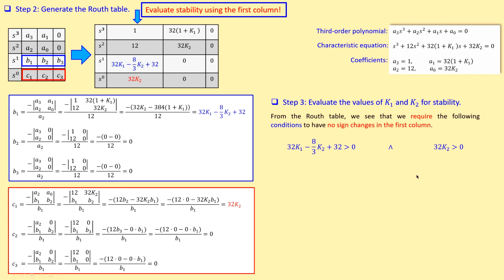Now, if I continue with the analysis, just simplifying the expressions here, I just place this and that part over the second and third part of the right side of this expression. I get this, and this is of course just divided by 32. You will have already the first condition that K2 must be larger than 0.